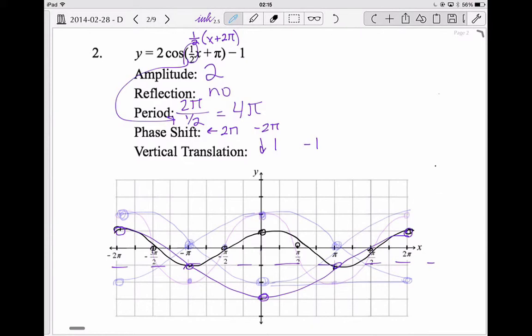And if you focus on the black graph, which is cosine of x, and the purple graph, which is 2 times the cosine of 1/2 x plus pi, all minus 1, you can compare them. And the little pastel things in between are the in-between steps.